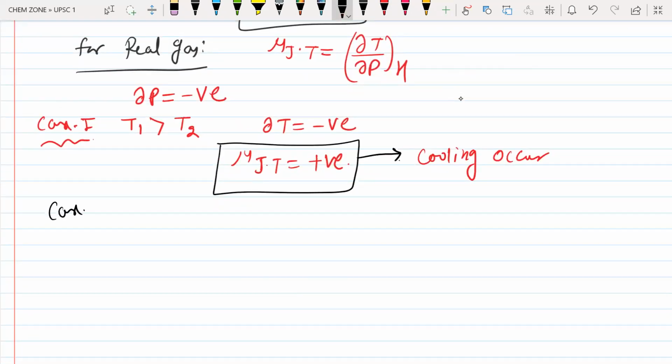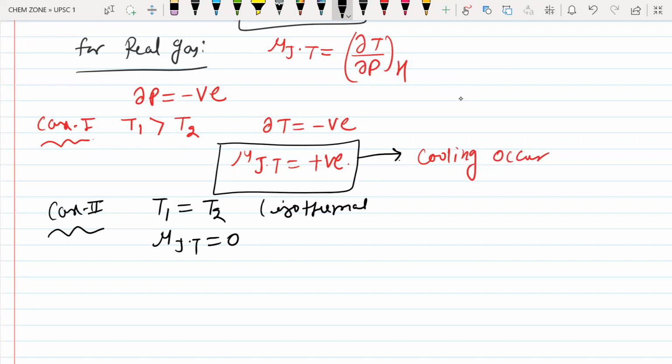Now, case 2, where both the temperatures become equal. If there is no change in temperature, the final and initial temperatures are taken as equal. We can say that it is an isothermal process, and mu JT will be 0. So this temperature is called the inversion temperature.